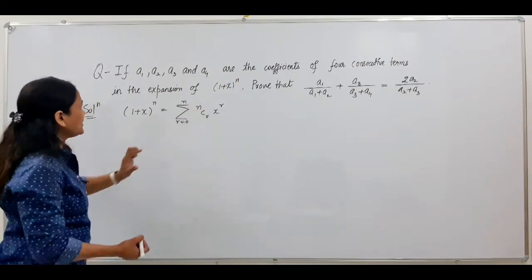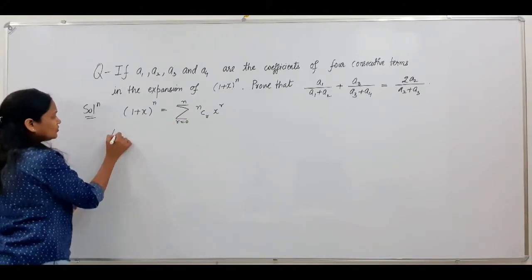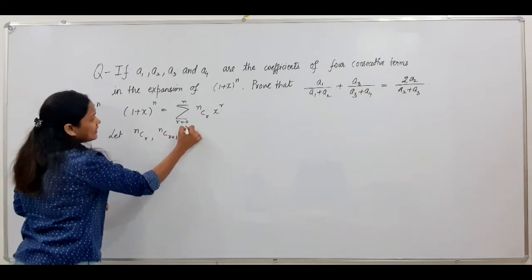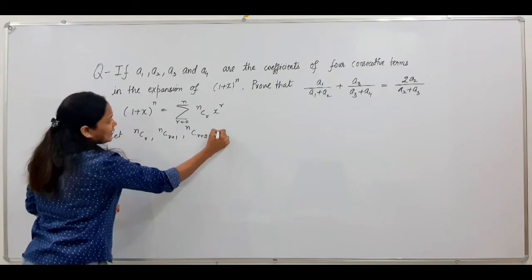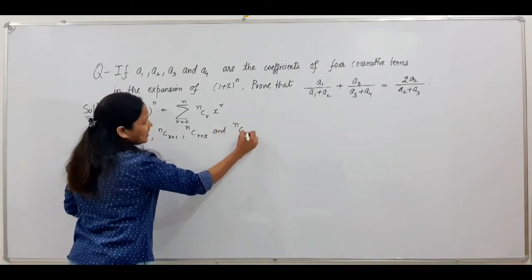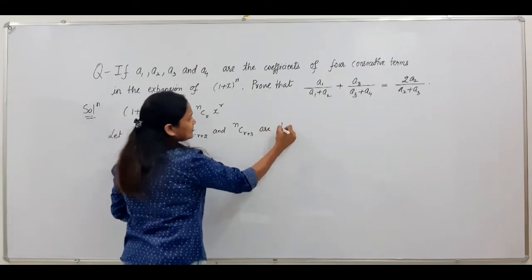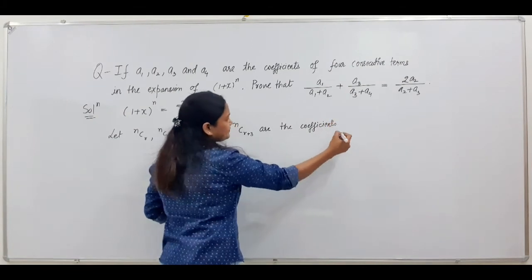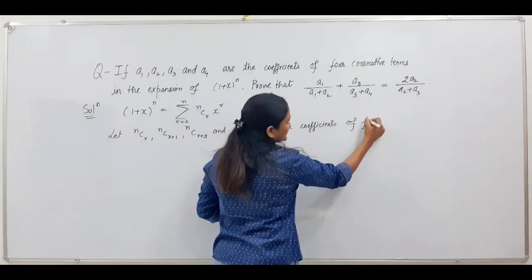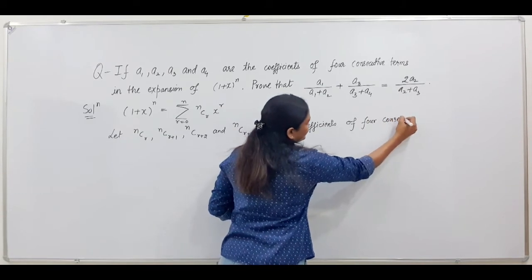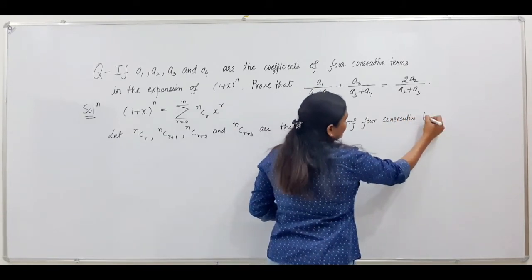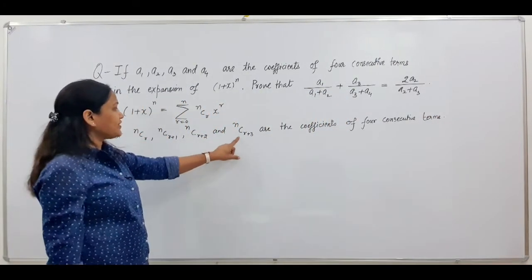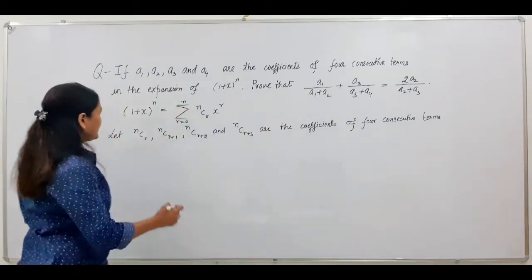So if you are taking nCr for the first term, then let nCr, nC(r plus 1), nC(r plus 2) and nC(r plus 3) are the coefficients of 4 consecutive terms. Now if these four are the coefficients of 4 consecutive terms, then first consider this.